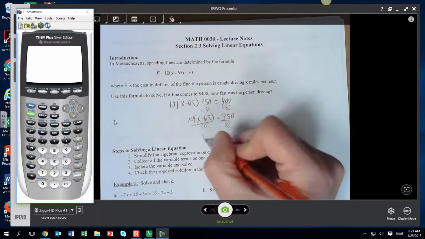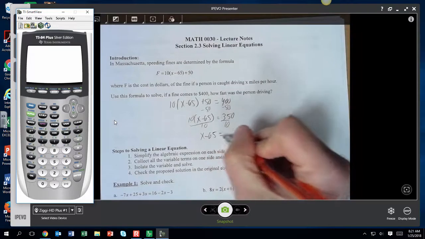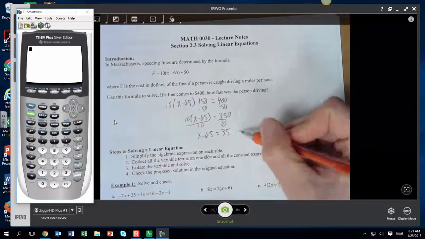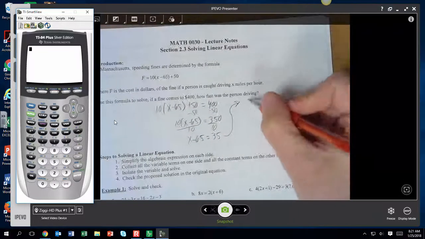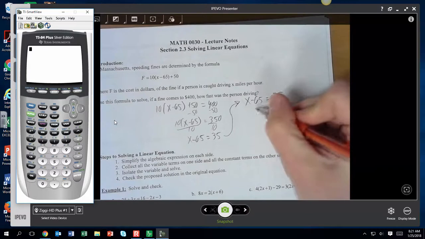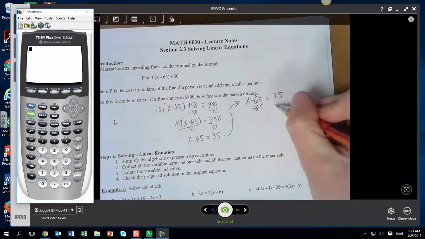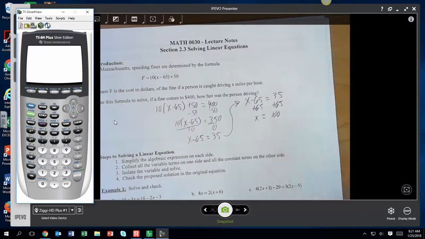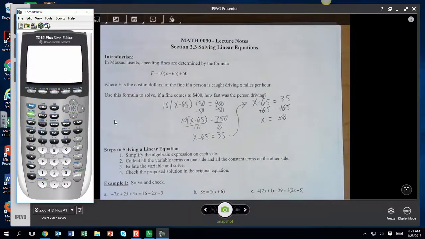My 10's cancel here, and I'm left with x minus 65 equals 350 divided by 10 is 35. And just to move this up here so we have a little more room, x minus 65 equals 35. If I add 65 to both sides, x equals 100.